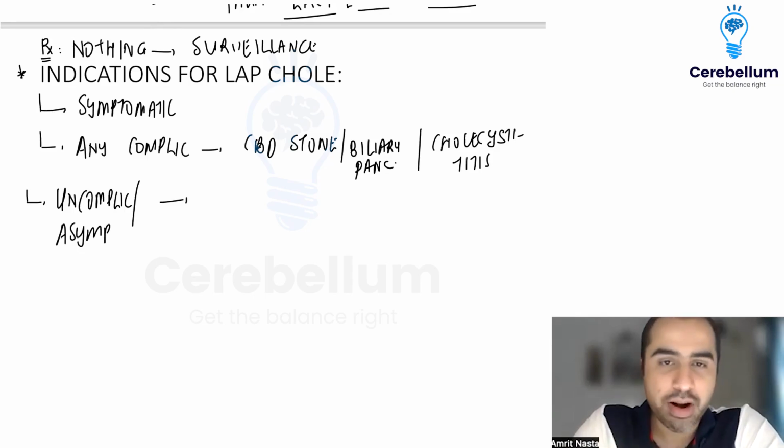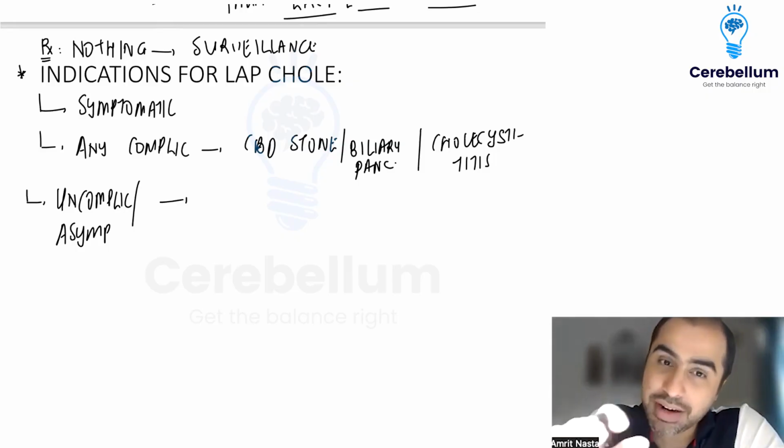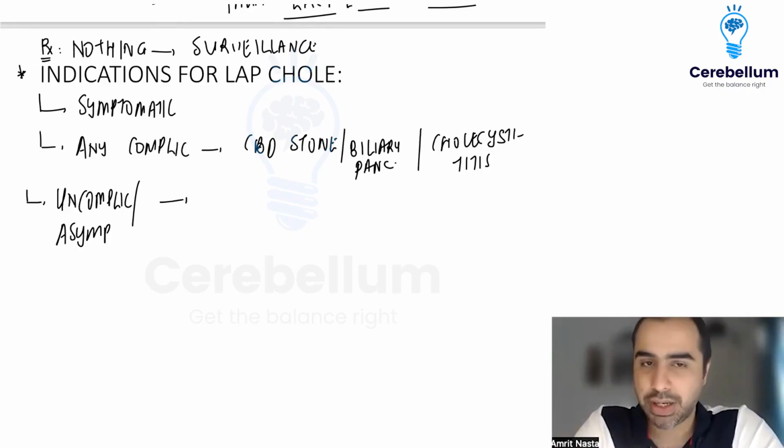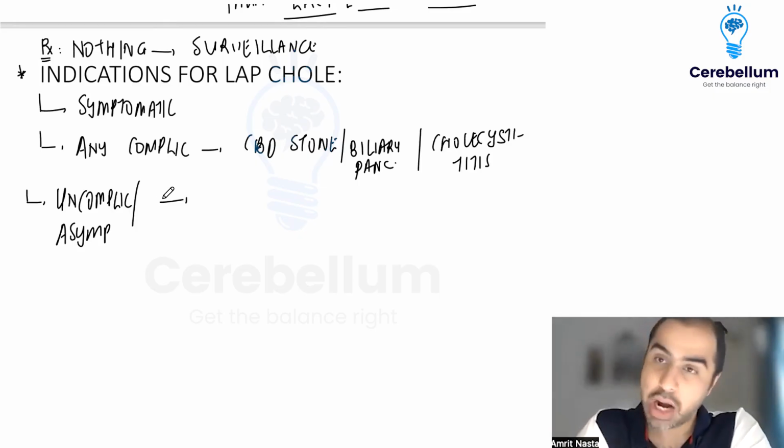If you remove gallbladder, what about its function? A gallbladder in someone with gallbladder disease is not functional anyways. Okay, gallstones happen because the gallbladder doesn't function. So when will you remove uncomplicated gallstones? So there are many indications.